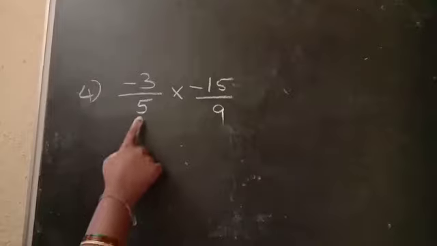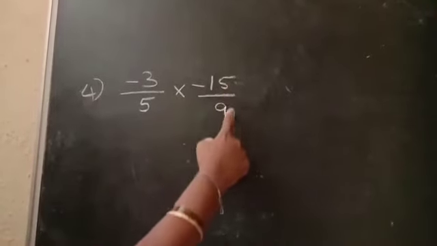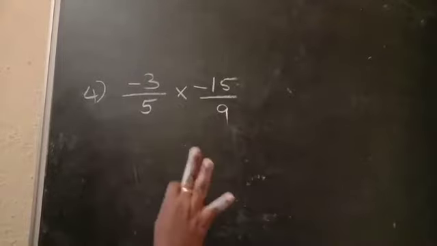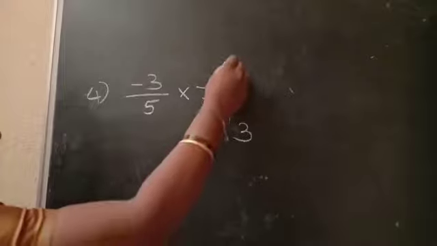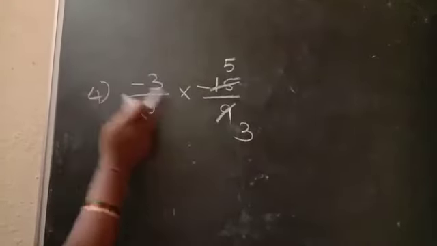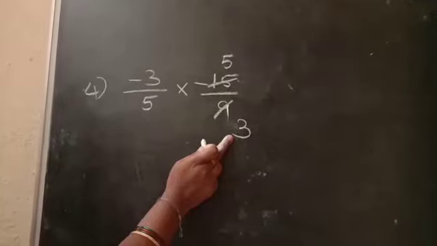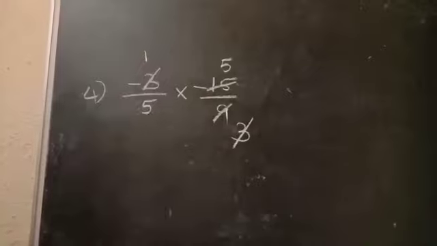Next example, fraction multiplied with fraction. 15 and 9, we have 3 as common factor. 3 3s are 9, 3 5s are 15. Now, this numerator and denominator also can be cancelled. So, 1 3s are 3, 1 more 3s are 3.